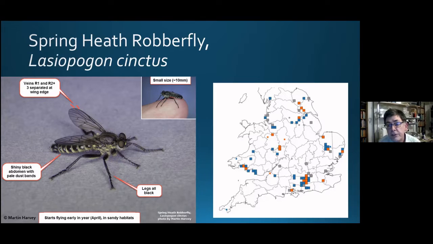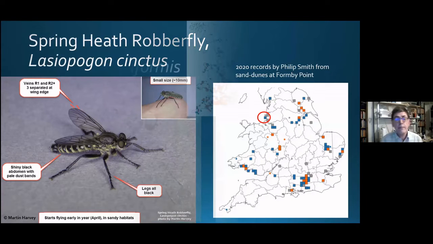And I was pleased to see that this year some records were added from the sand dunes at Formby Point by Philip Smith, and it does seem to be maintaining a population on the Sefton coast there. So that nicely fills in that blue dot, which will now turn orange the next time we update the maps.